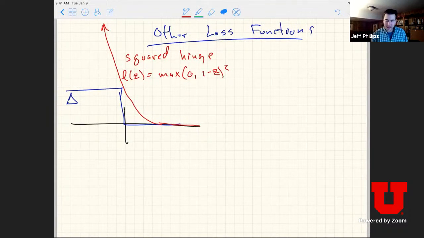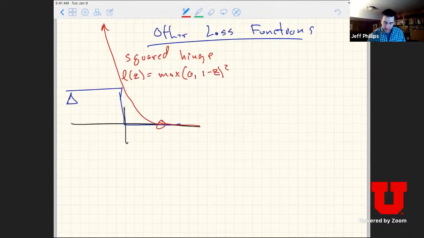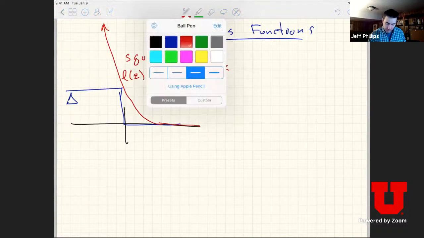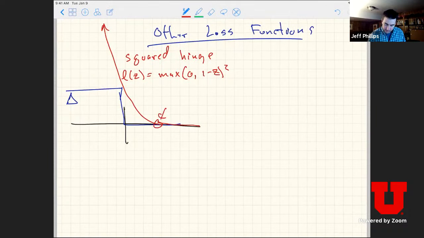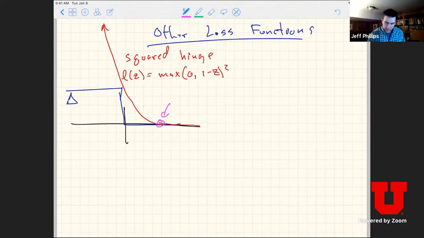And so what's going to happen now is that at this point my gradient is well defined, because remember, at the bottom of a parabola the gradient is 0, the same as right there.